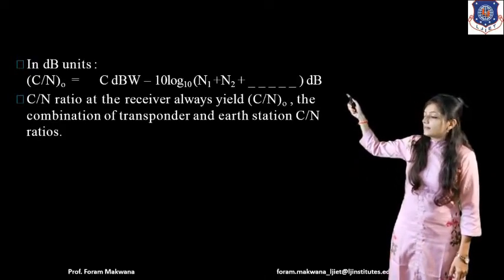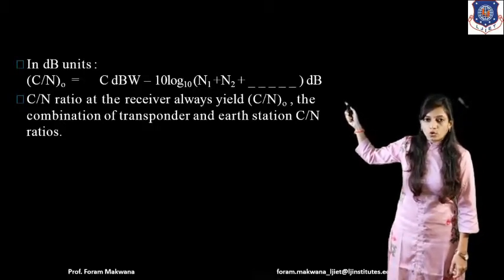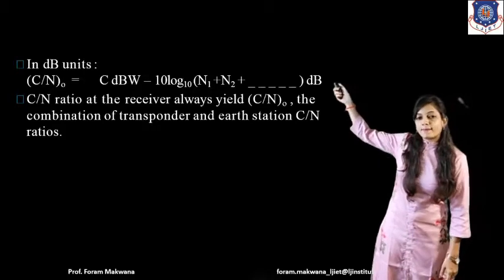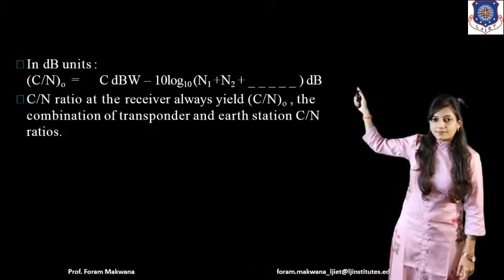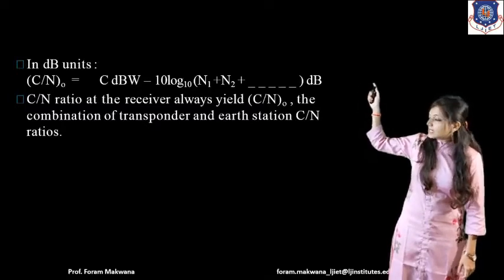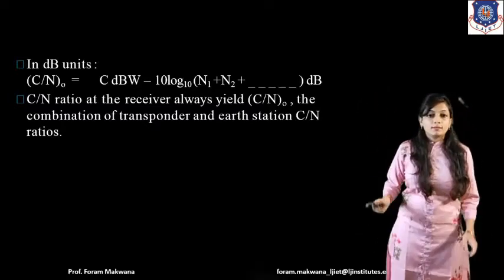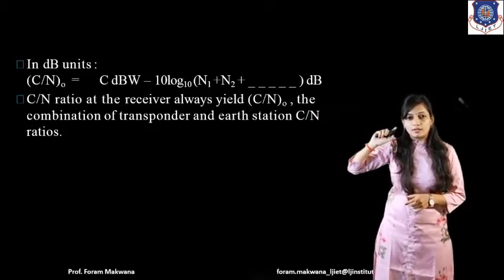C/N overall equals C in dBW, that is my carrier power in dBW, minus 10 log base 10 of N1 plus N2 plus N3 up to Nn, where these quantities are in dB.